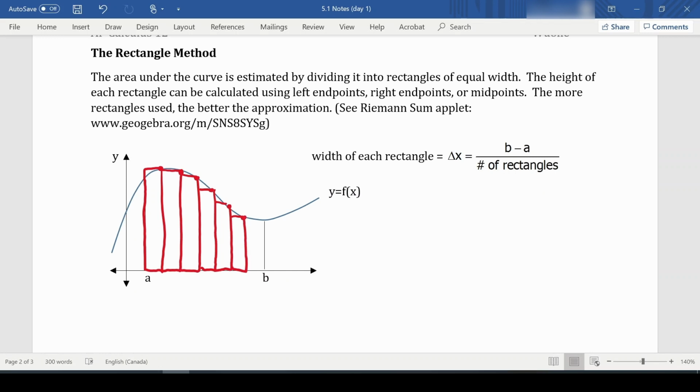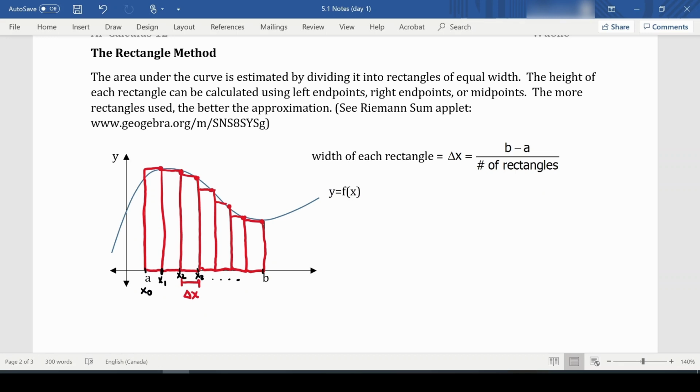So obviously I'm using a little bit of eyeballing here to draw mine. But each width of each rectangle here is going to be called delta x. That's because we're going to start with a as our x0, and then this x value here would be x1, and then x2, and then x3, all the way up to our final x at the end.